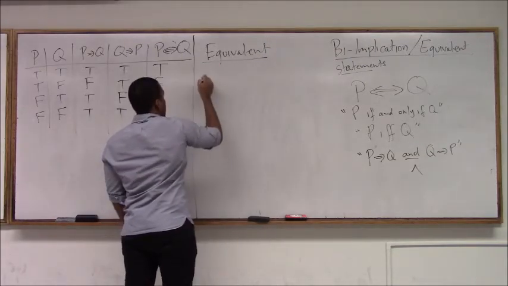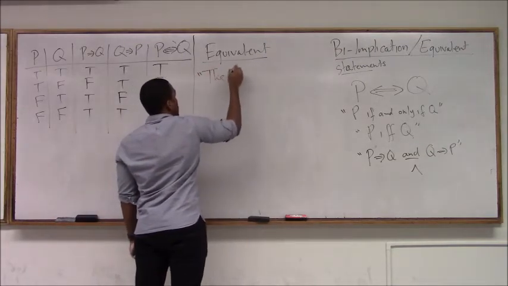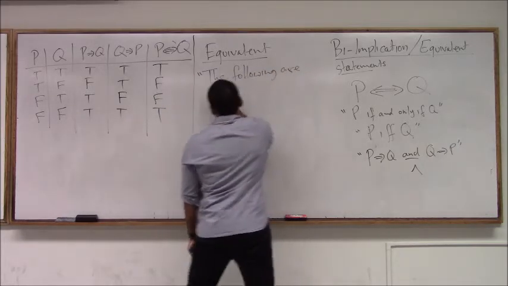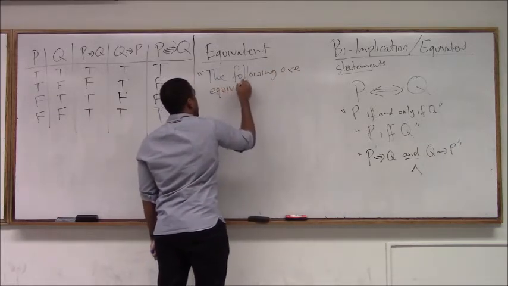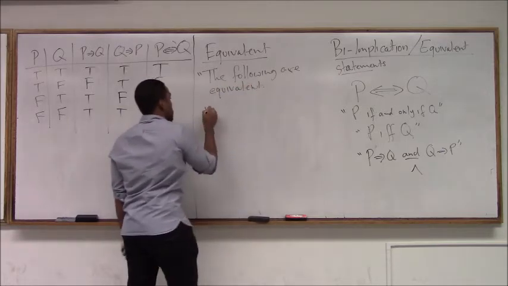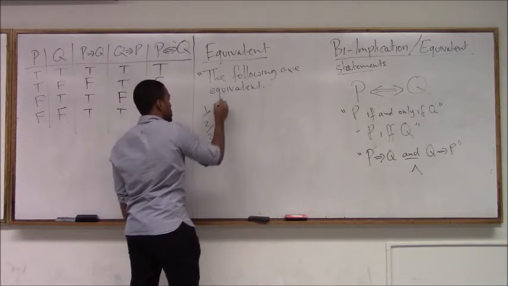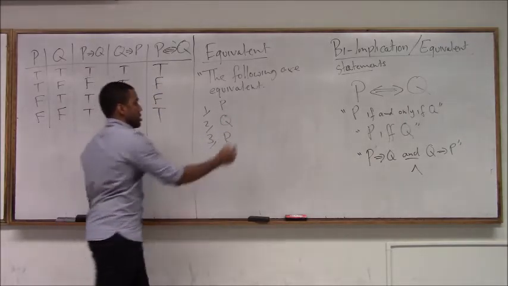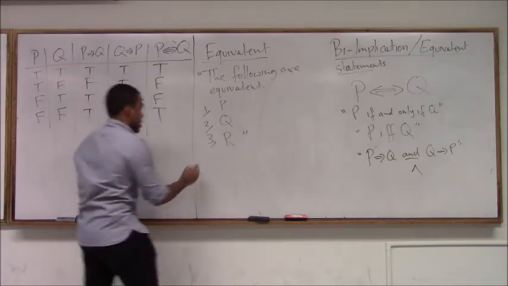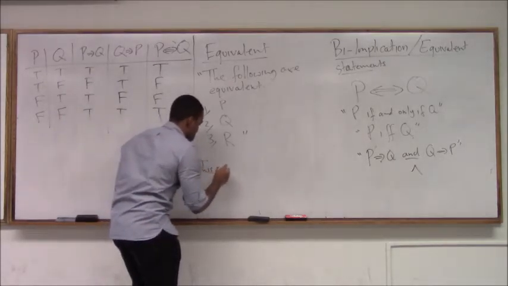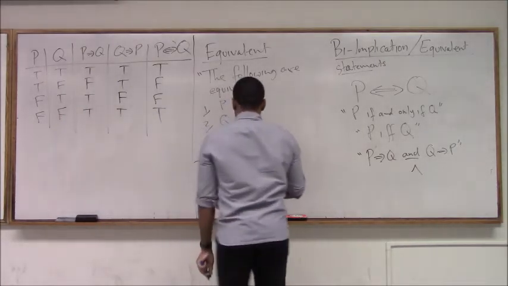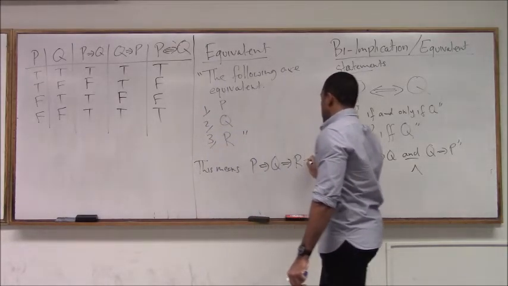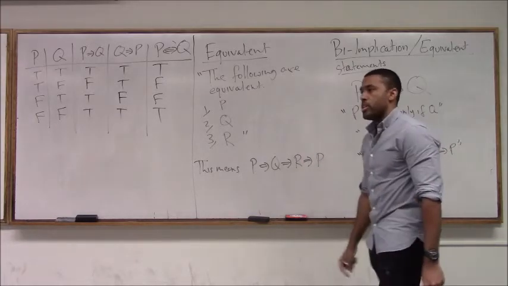If I say something like, the following are equivalent, and I list statements 1, 2, 3, the statement P, the statement Q, the statement R, this means that P implies Q, Q implies R, and R implies P. You will go in a cycle.